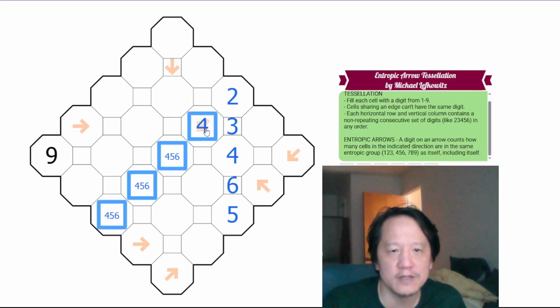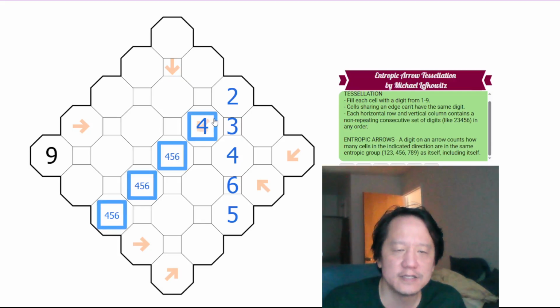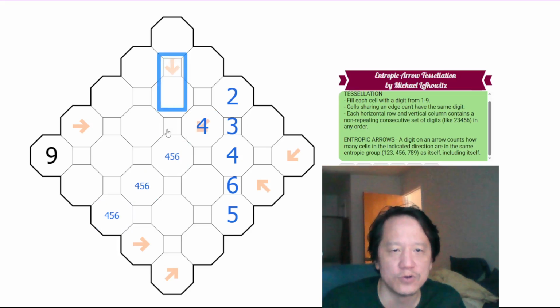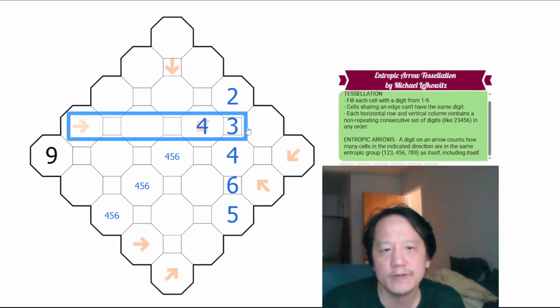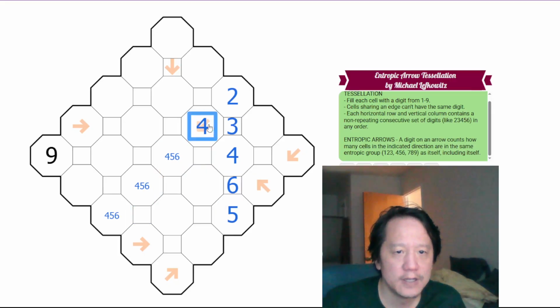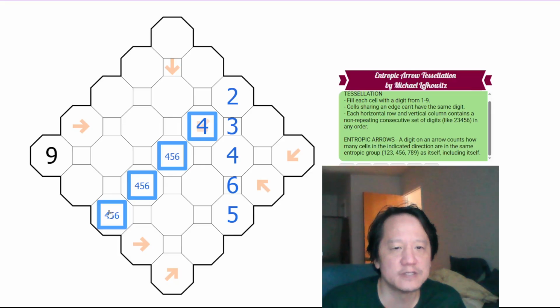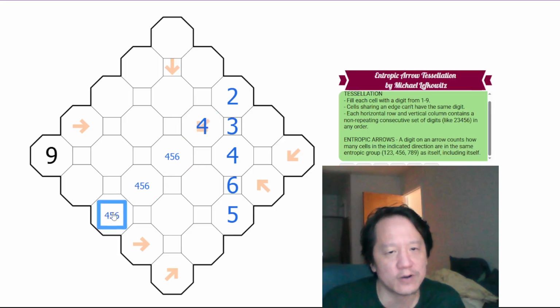Since this is pointing that way, if this was 4, then all 4 of these would have to be the same entropic set, because we have to have 4 of them in this direction, including itself.